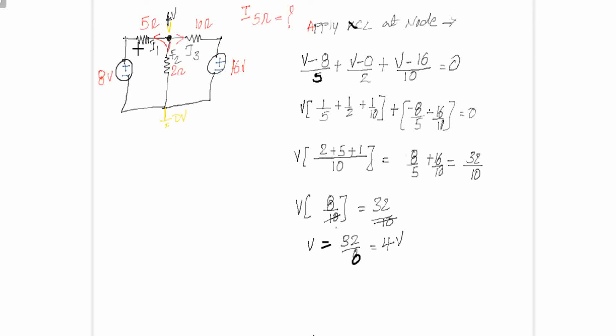If I1 is actually flowing from 8 volts to 4 volts, then what will be the I1 value? The current in 5 ohms, tell me: 8 minus 4 by 5. 8 minus 4 by 5 is 4 by 5. What will be the value of 4 by 5?